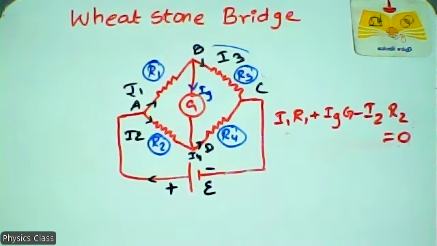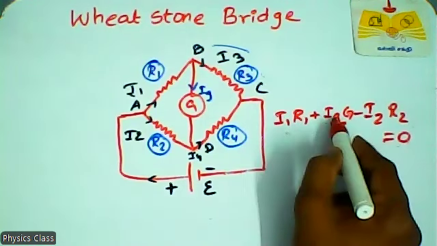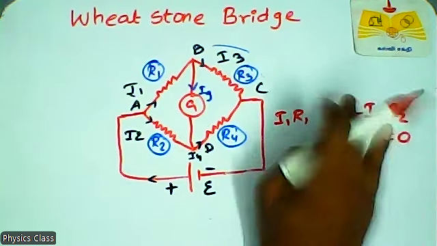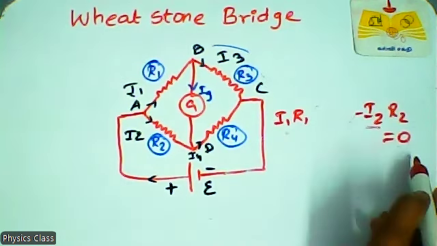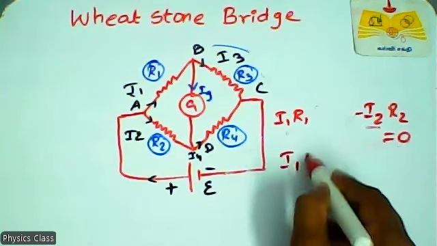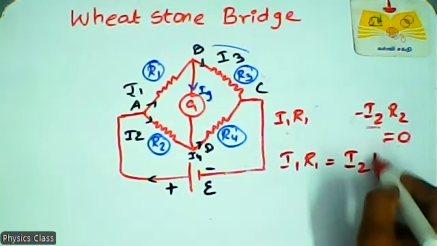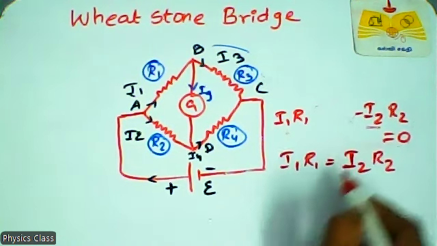Again, in that equation, we can neglect this term because IG is equal to 0. And this term goes to the other side. So I1 R1 equal to I2 R2. The minus sign vanishes and it becomes plus.